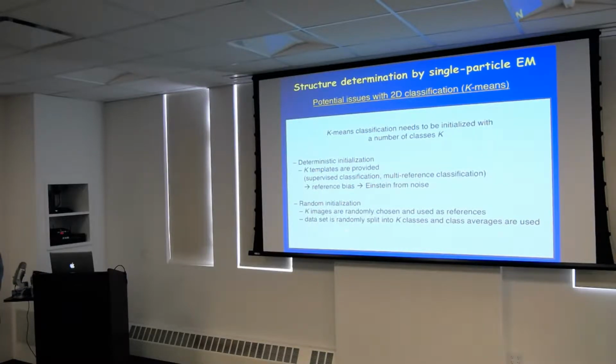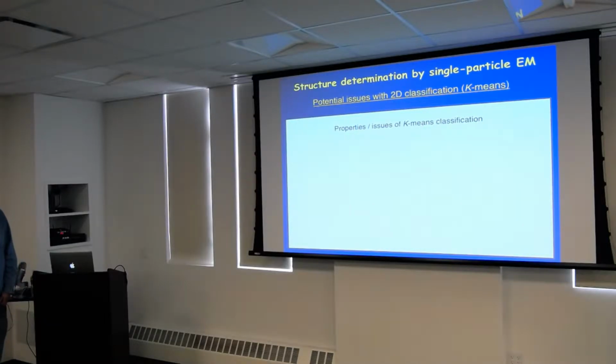The other way is to split your data set into k classes, and then without alignment, just calculate averages, and use these averages as your initial classes, the templates. The problem with this is that it's very unstable. If you run it with one set of images, you will get one type of result. If you now use a different set of references, you might end up with completely different results. So that's a problem with these random initializations.